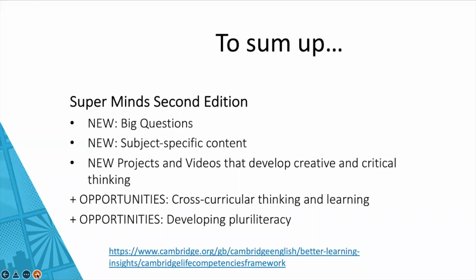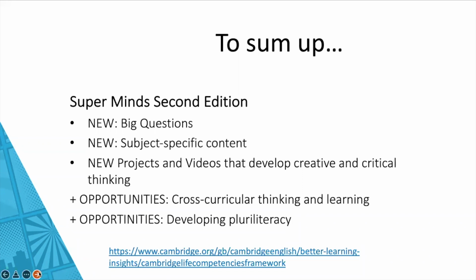So I'd like to sum up by saying, I think there's an abundance of evidence to prove that Superminds 2nd edition has new motivating big questions, new and updated subject-specific content, new projects and videos, all of which develop creative and critical thinking, and in addition, opportunities for cross-curricular learning and developing pluriliteracies.